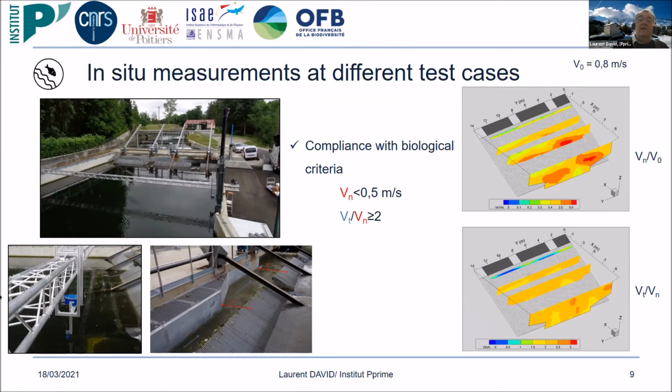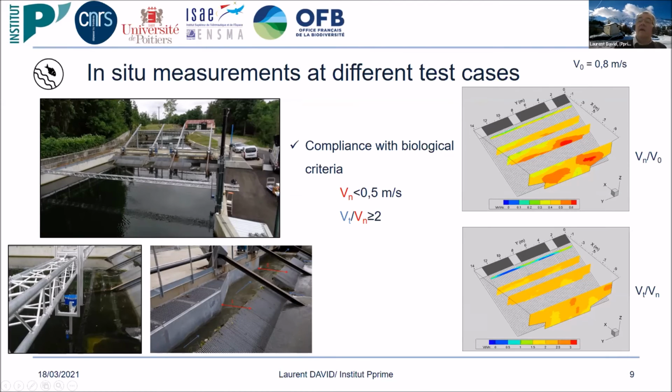And with the ADCP measurement, we measure profiles at different locations upstream of the bar rack, and we can verify on the field that the biological criteria, the normal velocity and the ratio of the tangential velocity to the normal velocity, is verified, and it's what we get on this kind of measurement.